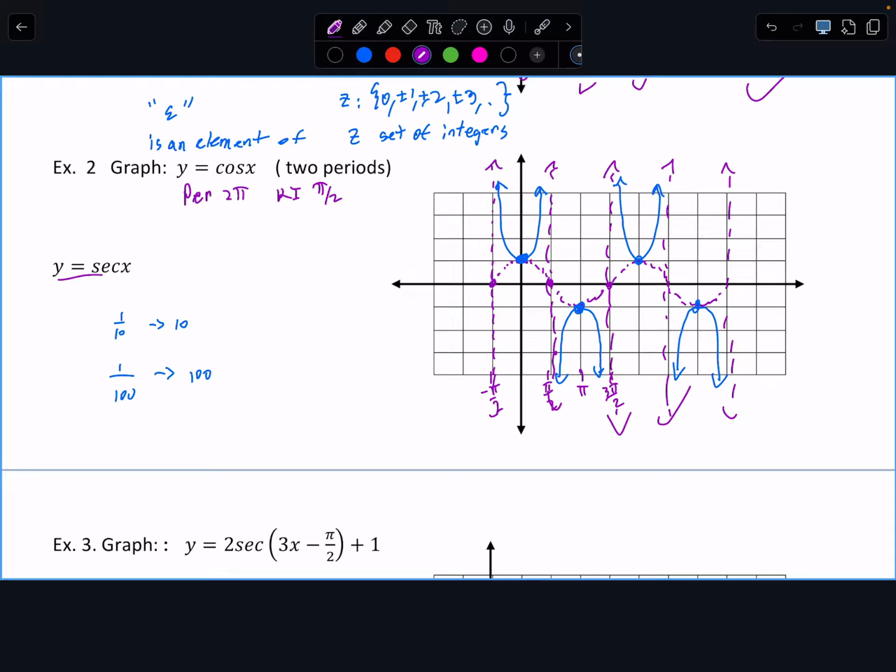And so values at 2 pi, 5 pi halves, 3 pi, and 7 pi halves.